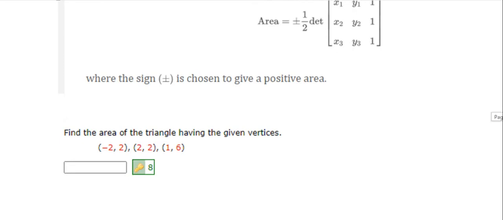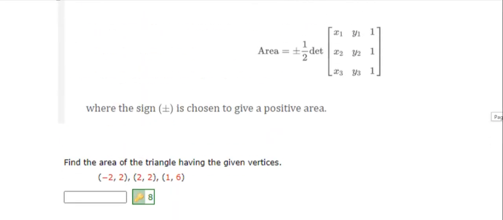Now let's look at this problem here. So we're going to find the area here, and we'll use this formula.